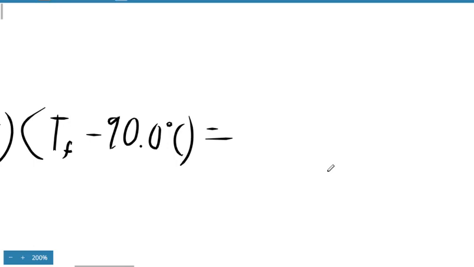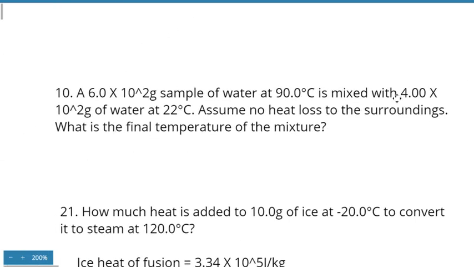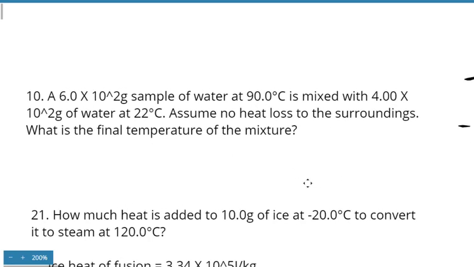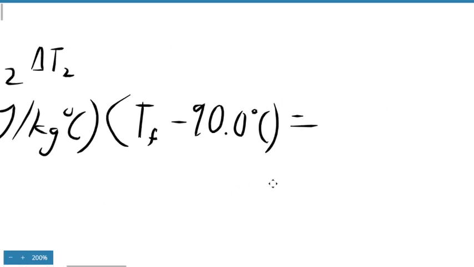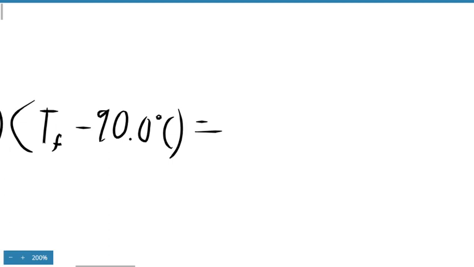M2 is, I think it was 4 times 10 squared grams, and that is 0.400 kilograms.